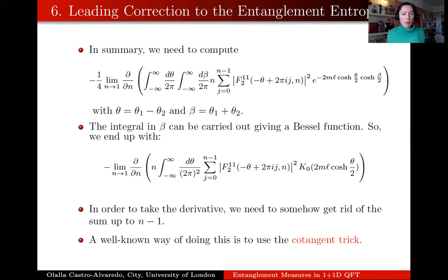So if you cannot perform the sum, you can instead write a contour integral over a contour which contains as many poles as terms in the sum, and such that the residue of each of these poles gives us the terms in that sum precisely. Now, one way to do that is to use something that is sometimes called cotangent trick.